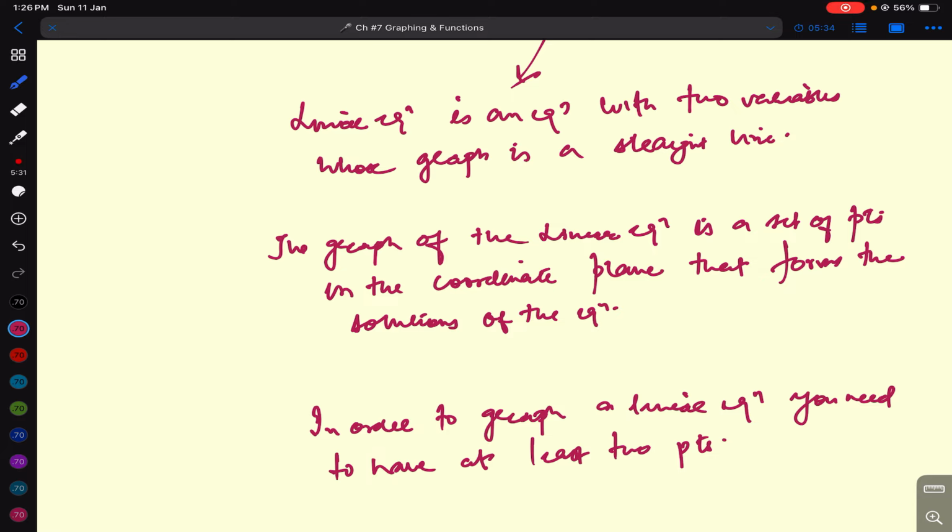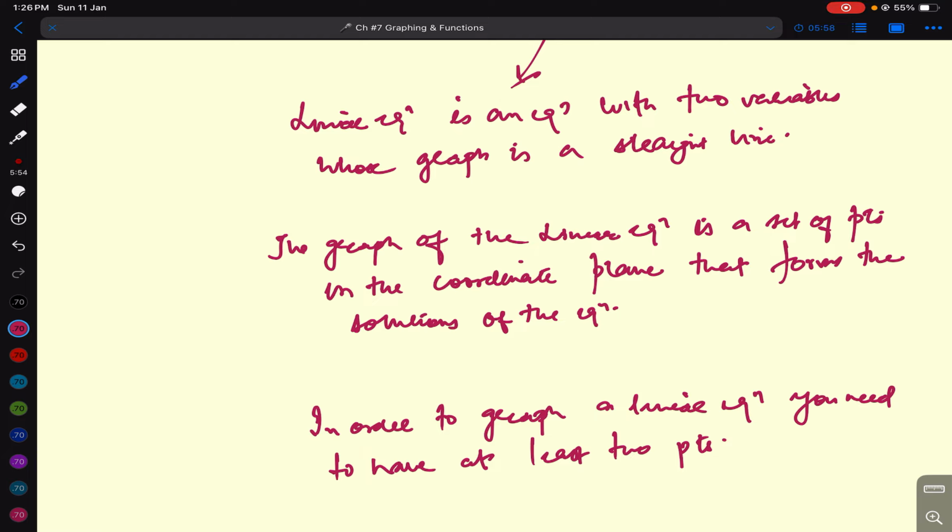And since the graph of the linear equation is a straight line, we need a minimum of 2 points. But that doesn't mean we can have only 2 points. We can have more than two, but the minimum has to be two.